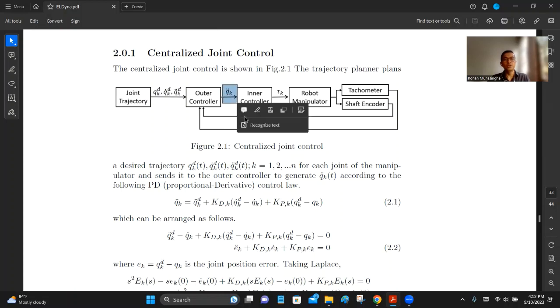This is available to the inner control. So with the Q double dot K available to you and QK and Q dot K measured from the sensors, the inner controller can use the dynamic model of the plant, right? The Lagrange Euler, say for example, and put all these things into the matrices and calculate the torques, torque 1, torque 2, 3, 4, 5, 6, like that.